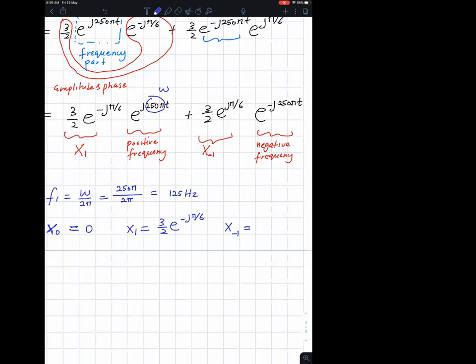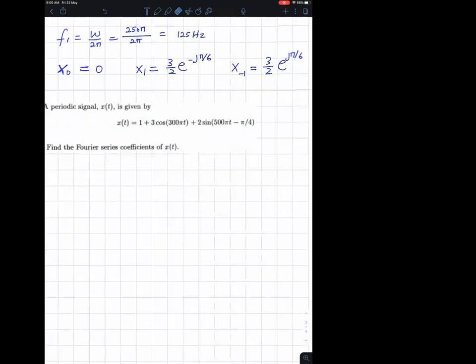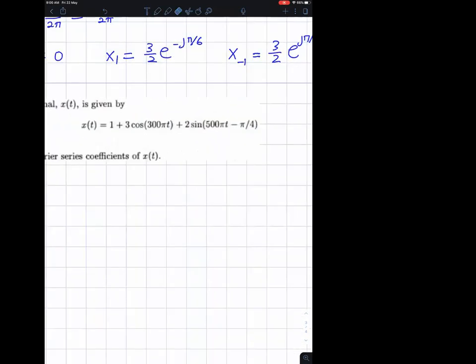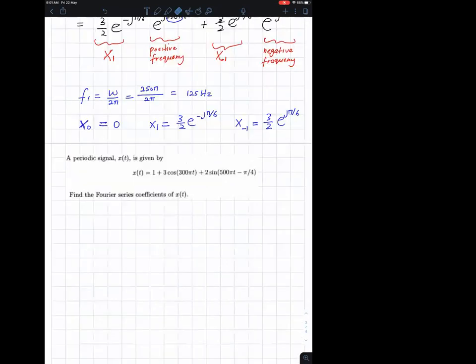Sir, 3/2 e^(j pi/6), right? Okay, now you look at the signal here and you tell me what is the DC value? 1. Okay, who said that? Lankesh, sir. Oh, thank you, Lankesh. Do you guys see why the DC is 1? Who cannot see?